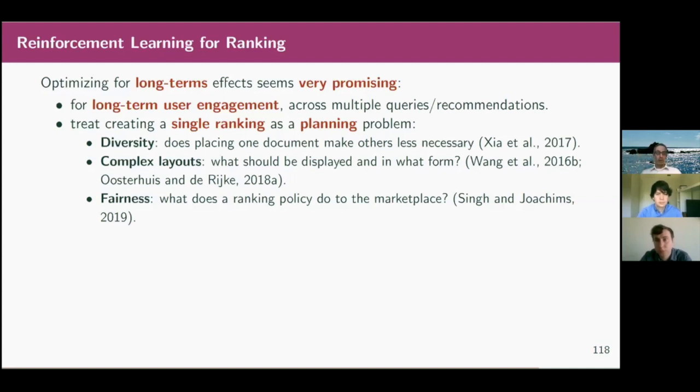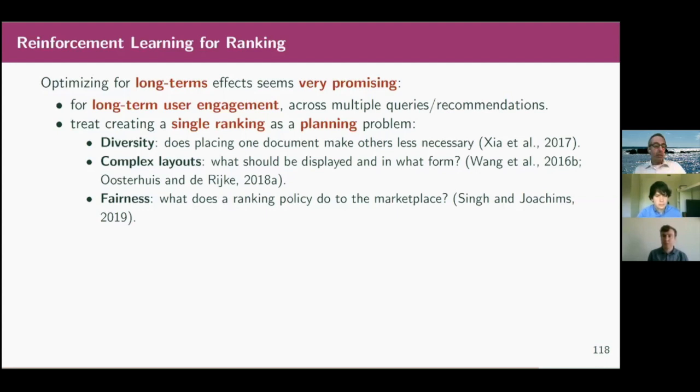Maybe you have a grid presentation, or you have a presentation where it's important, for instance, on very small screens on mobile devices. Ideally, the very best document is at position 2 or 3, because that's where people on many mobile devices look first. So that is a planning problem, because you cannot just walk down a ranked list or a list sorted by score. Now you have to think about what actions you need to take later, and maybe hold off on placing the best possible item right now.